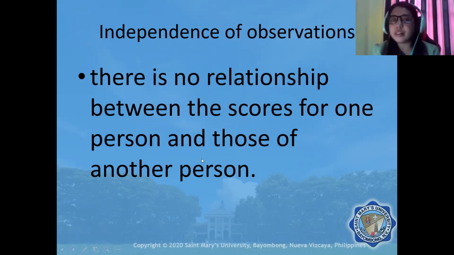Now, for the independence of observations, this is an assumption that there is no relationship between the scores of one person and those of another person. Usually this is affected, for instance, by using non-random sampling, like snowball sampling, where one individual recommends someone who has the same characteristics as him or her.